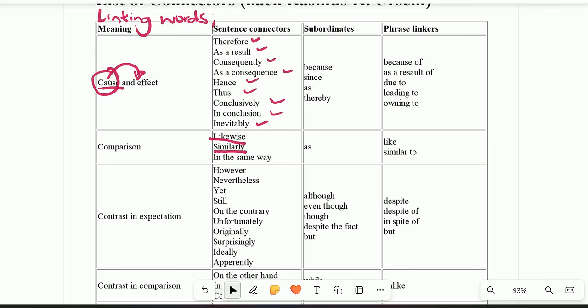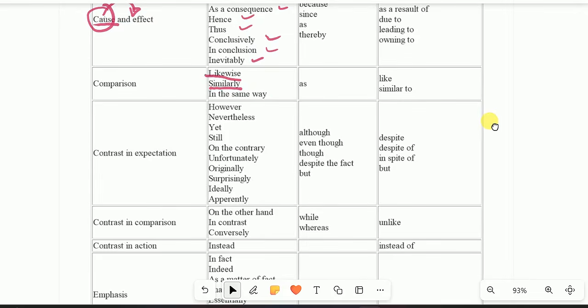So essentially likewise is used to compare two statements that share the same sentiments. So these are just examples of what you would use to link, if not connect, ideas that share the same ideas, if not echo the same sentiments.